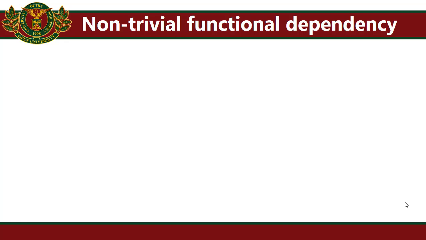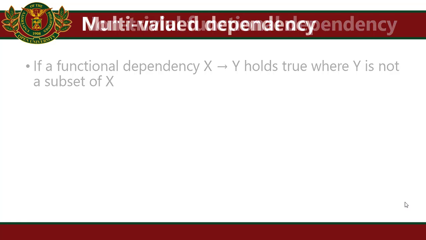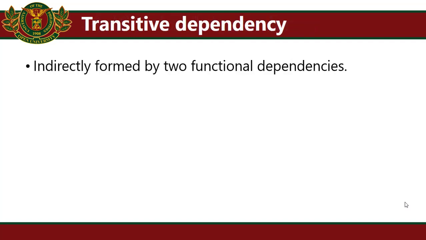If a functional dependency X arrow Y holds true where Y is not a subset of X, then this dependency is called non-trivial functional dependency. Multi-valued dependency occurs when there is more than one independent multi-valued attribute in a table. And last, a functional dependency is said to be transitive if it is indirectly formed by 2 functional dependencies.